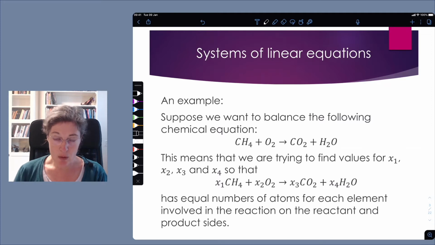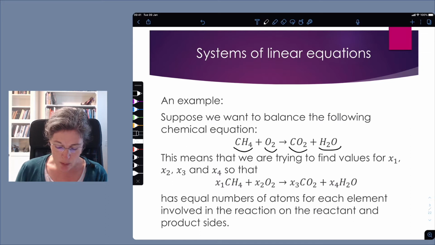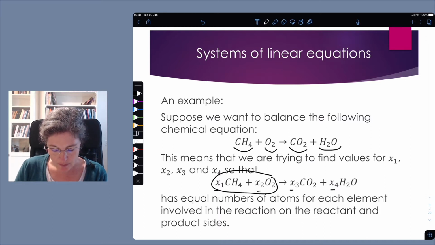Okay, so we want to balance this chemical equation, which says that methane plus oxygen goes to carbon dioxide and water. And what we want to do, if we're thinking about this in mathematical modeling terms, is find values for x1, x2, x3, and x4, so that if we look at the reactant side of the equation, we have the same number of each kind of molecule as we have on the product side.